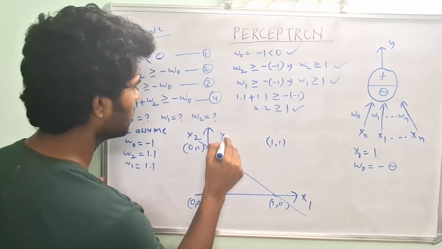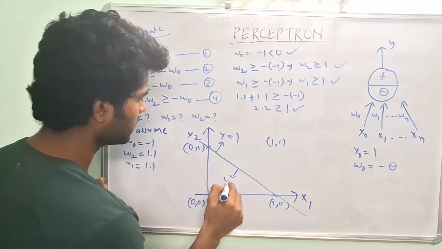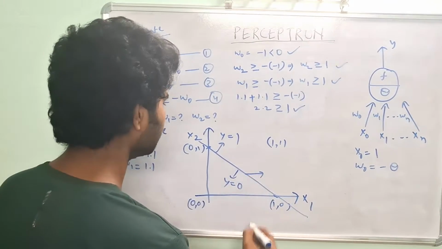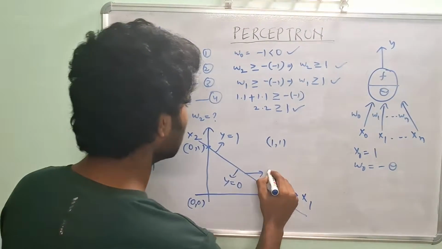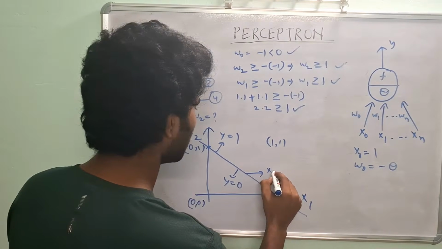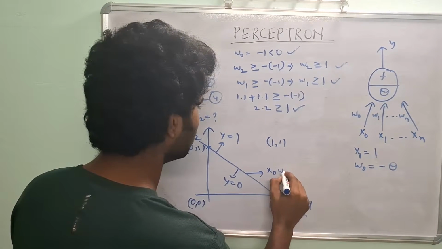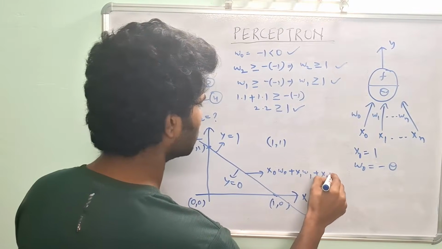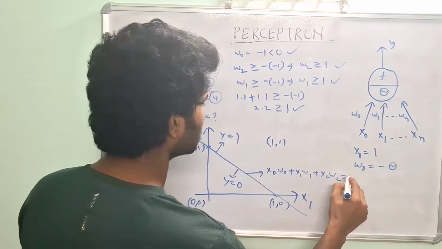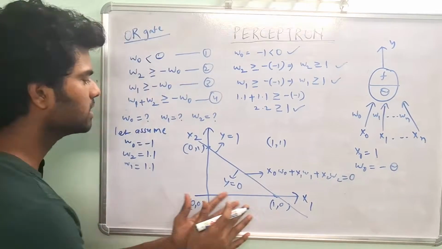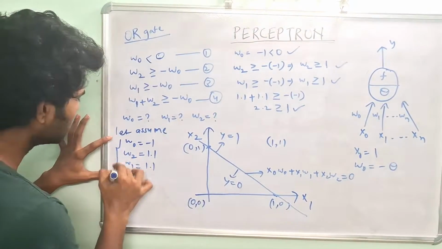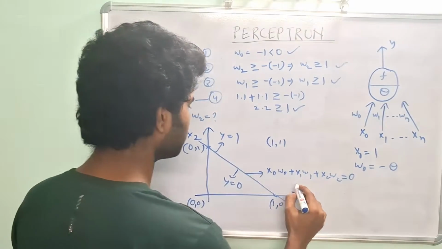Above this line output becomes 1, below this line output becomes 0. So the straight line equation is x0 w0 + x1 w1 + x2 w2 = 0. So you just substitute all the calculated weights in this equation.